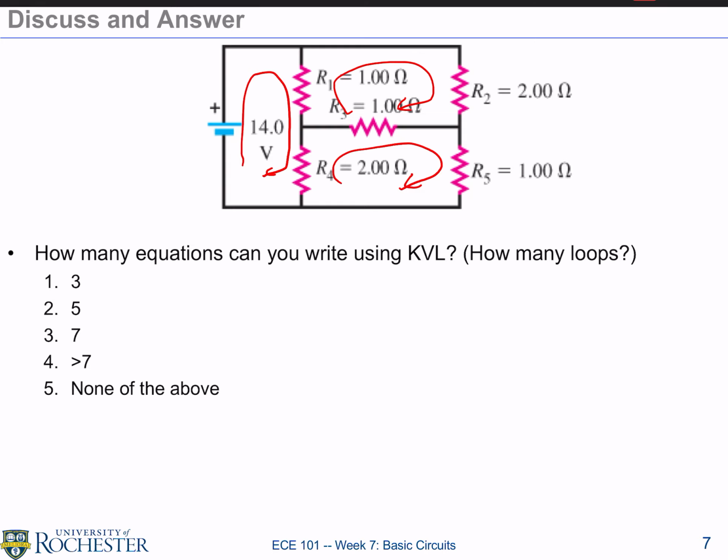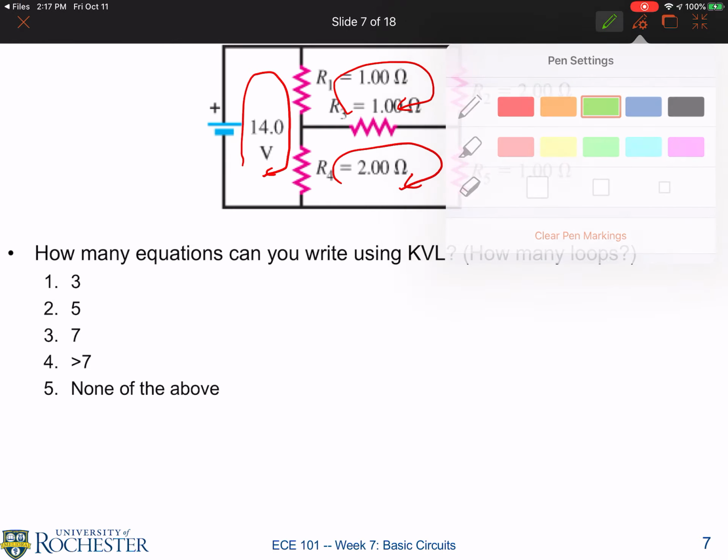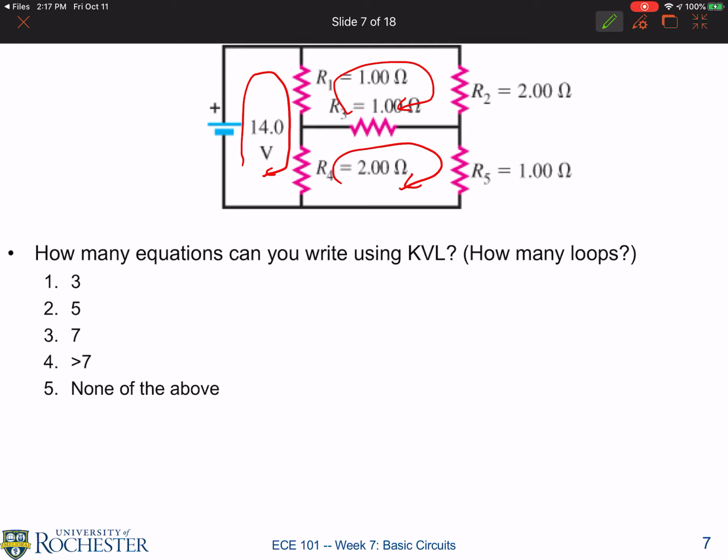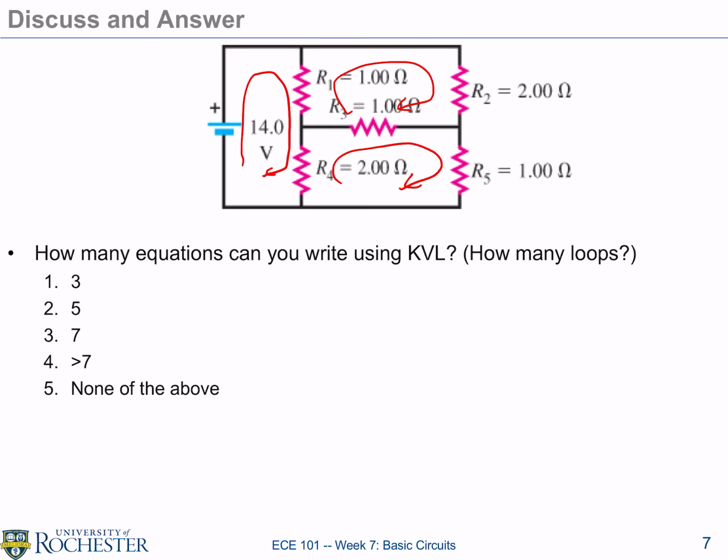What if I use a different color? What if I'm going around, as long as I'm starting from one place and I go back to the same place? How about I go along this line and back to the same place? Isn't that a loop? It is a loop.